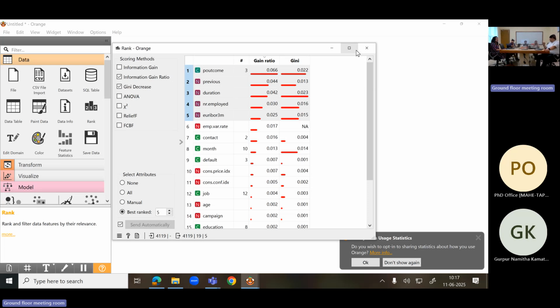So we can take them as the most relevant variables to start with. Of course, it doesn't guarantee that they are the most relevant, because they are individually assessed. That's the drawback of a filter-based technique.